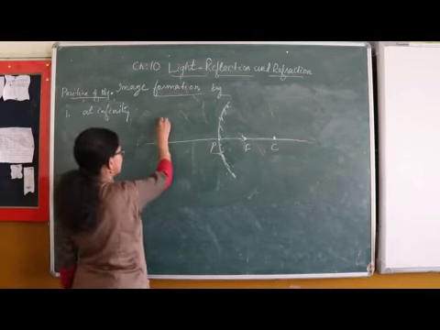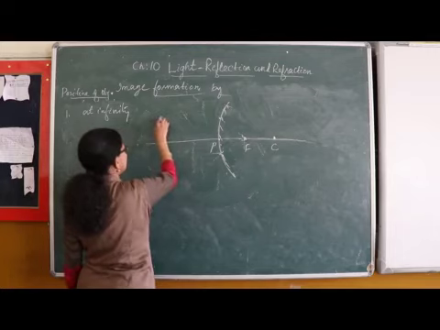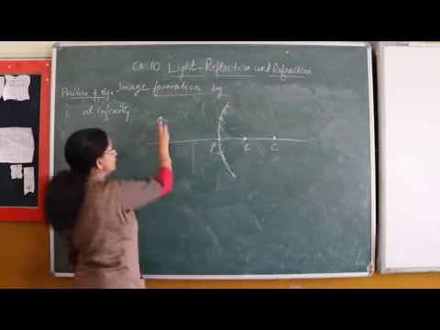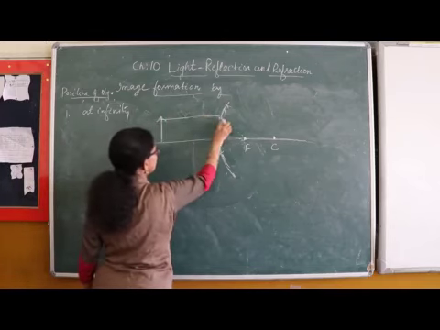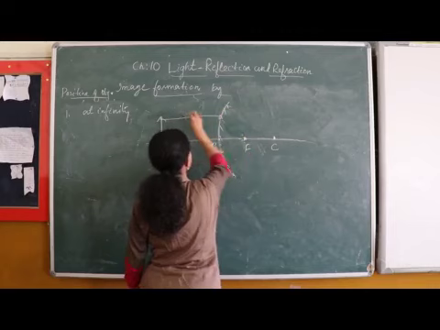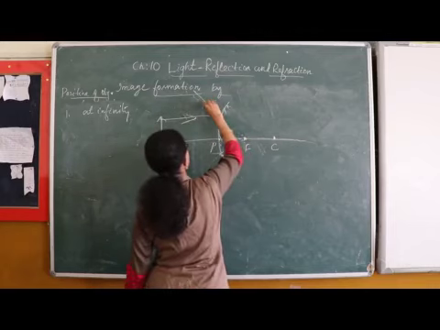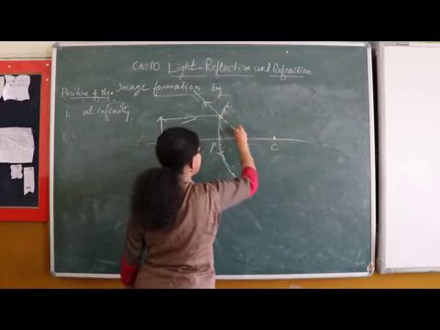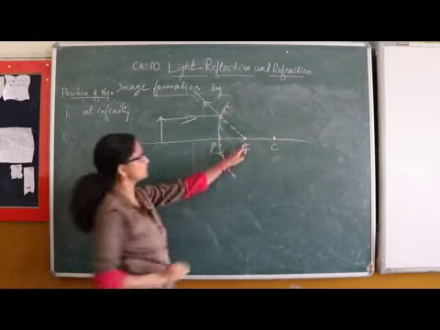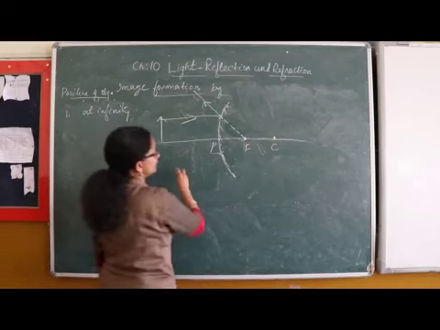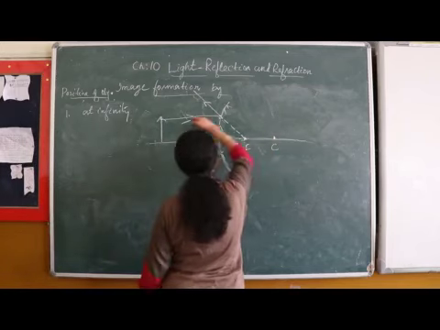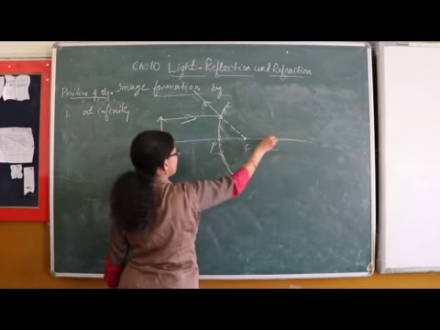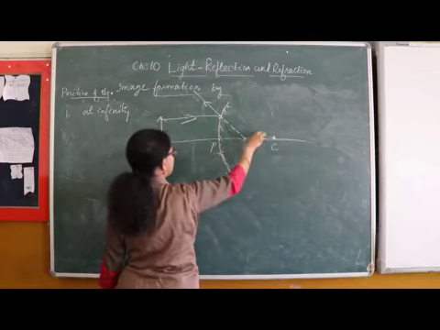We can find the image formation in this case as the ray that is coming parallel appears to come from the principal focus when we extend it back. And another ray that is passing through the center of curvature appears to pass through the center of curvature.